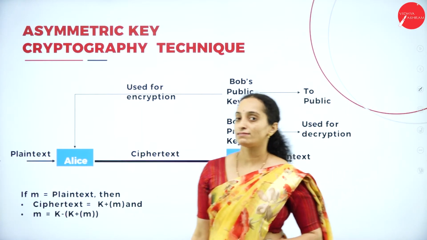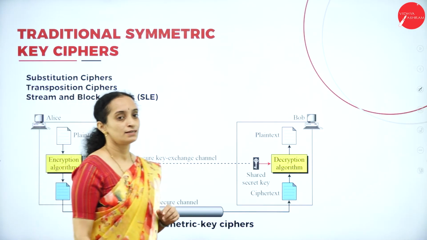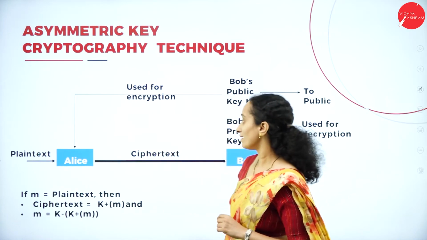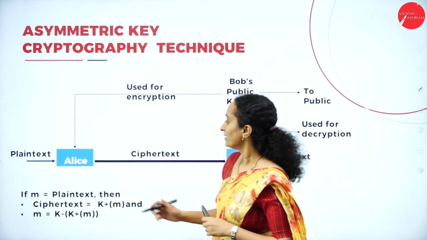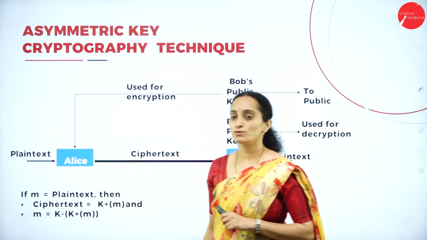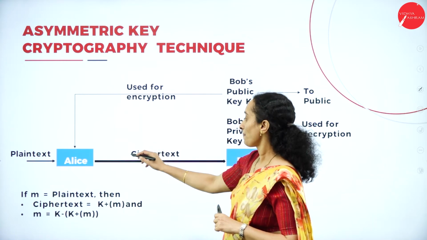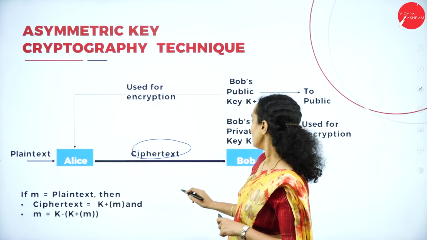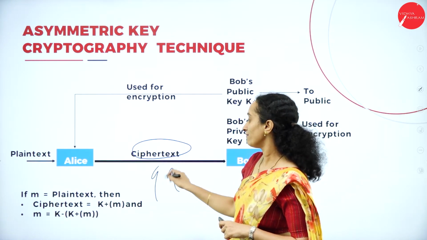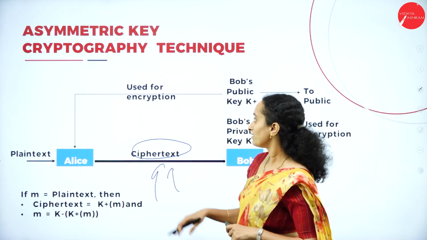Here we have an example diagram of an asymmetric cryptography technique. Here Alice will use the public key along with the ciphertext, which can be viewed by anyone. The public key is available to everybody.